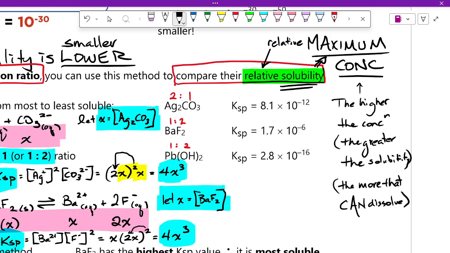So the maximum amount that can dissolve is the maximum concentration. The maximum concentration is the solubility. Those all mean the same thing, okay?